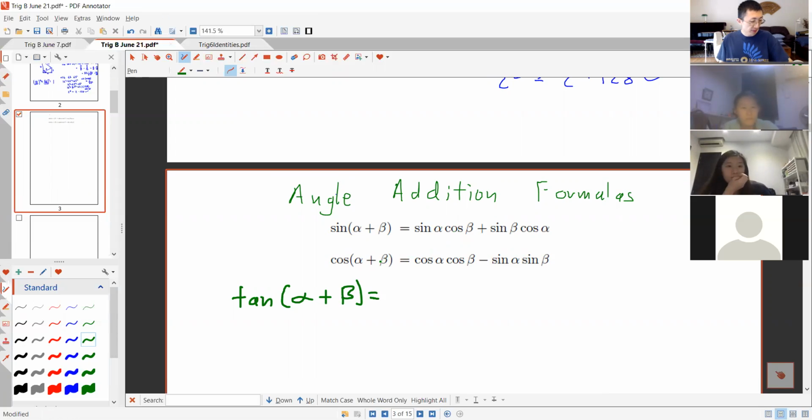So what was our definition for tangent again? Using the unit circle? Or I guess the unit circle defines cosine and sine. So what was tangent in terms of cosine and sine?